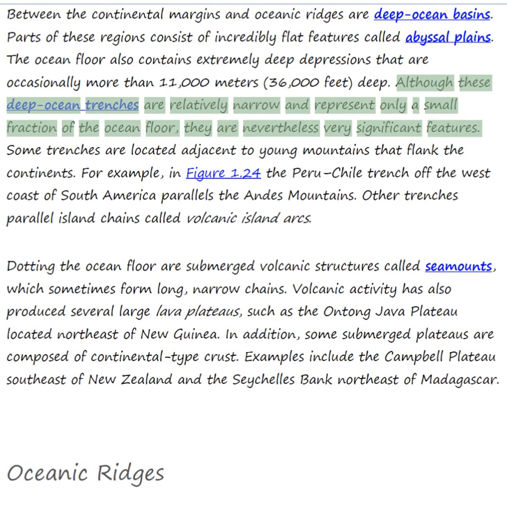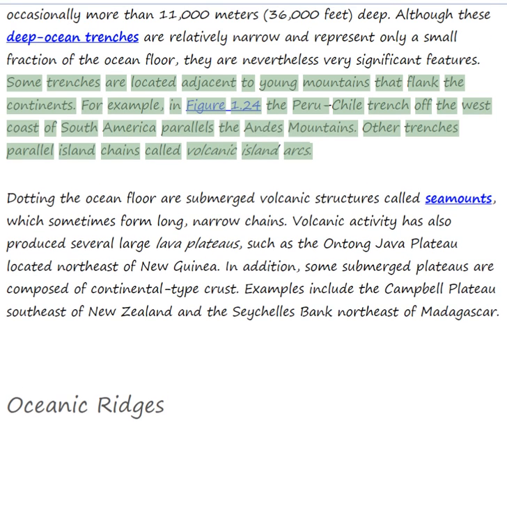Although these deep ocean trenches are relatively narrow and represent only a small fraction of the ocean floor, they are nevertheless very significant features. Some trenches are located adjacent to young mountains that flank the continents. For example, in Figure 1.24 the Peru-Chile Trench off the west coast of South America parallels the Andes Mountains.